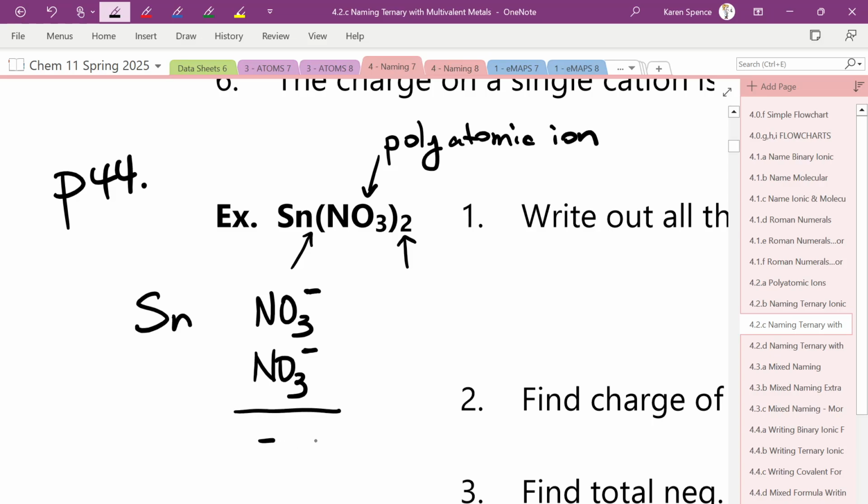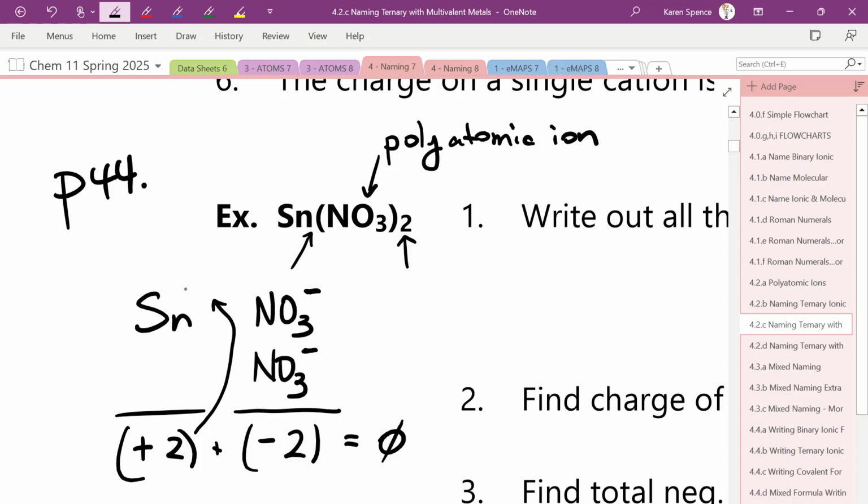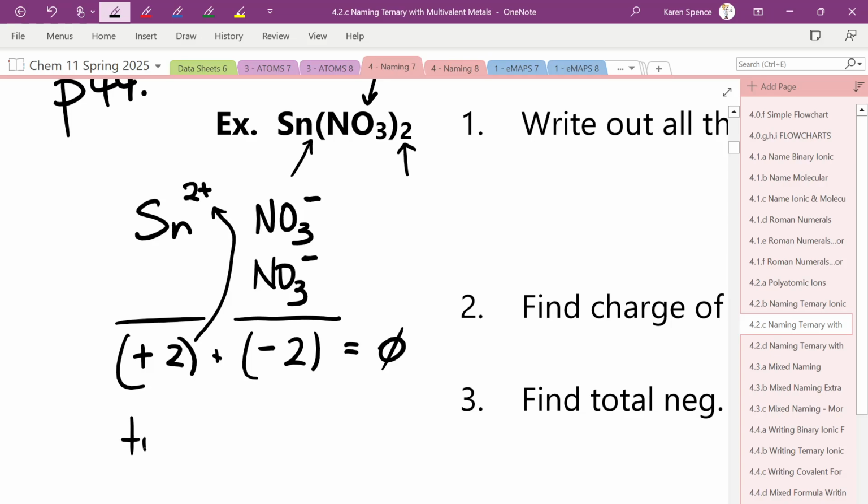That gives us -2. The whole thing has to equal 0, which means I have a +2. And there's only one place for that to go, 2+. So it is going to be tin, Roman numeral 2, nitrate.